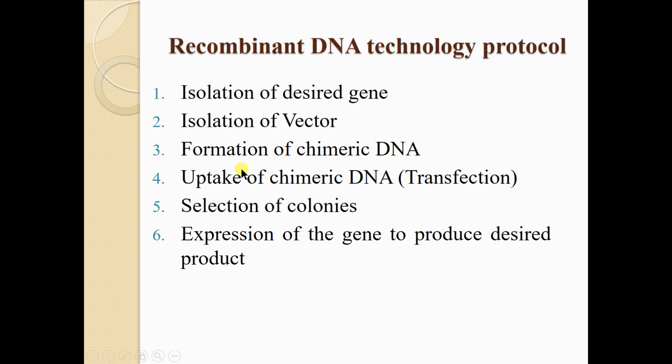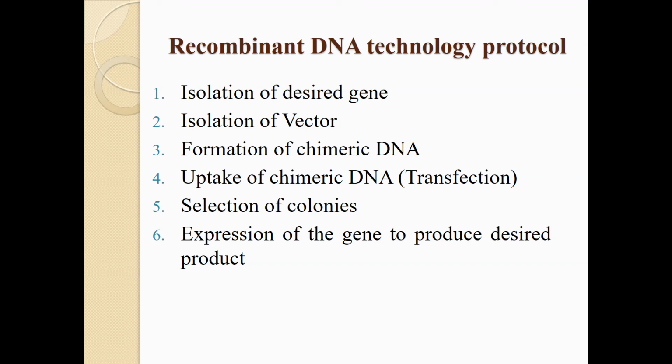We have discussed in the previous lecture how the gene of interest, or desired gene, is taken out, and how the vector is isolated. The whole genome which contains the desired gene and the vector are both treated with a specific endonuclease enzyme, known as restriction endonuclease.